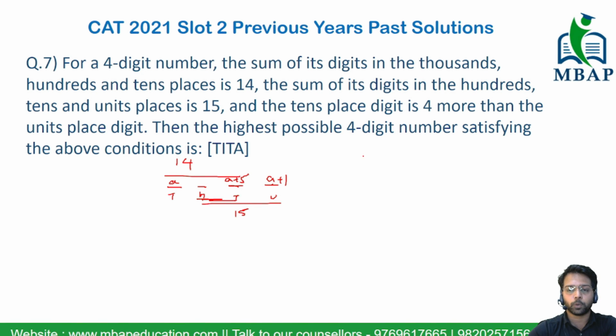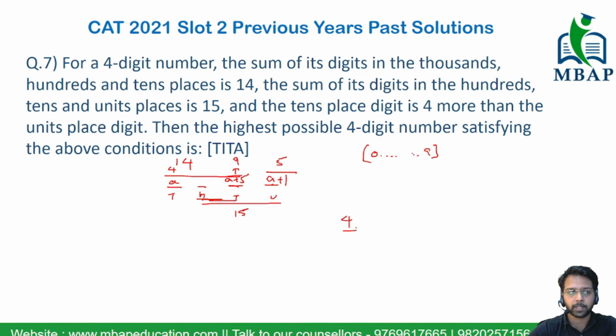Now all 4 digits of this number can accommodate any number from 0 to 9, and you want to maximize this. Obviously the maximum value of a plus 5 will be 9. If that is the case, then a plus 1 will become 5 and a will become 4.